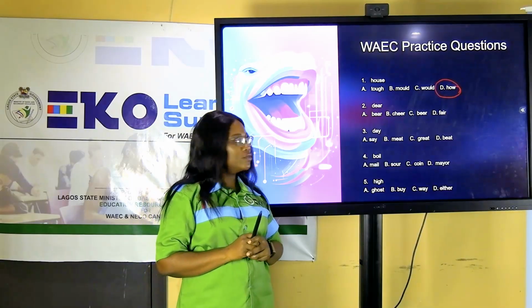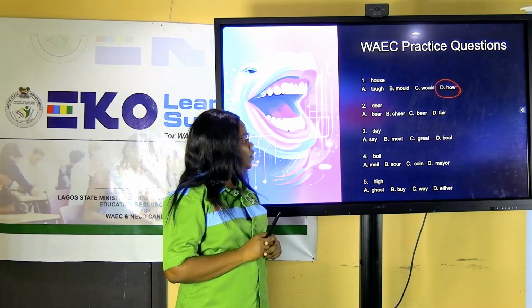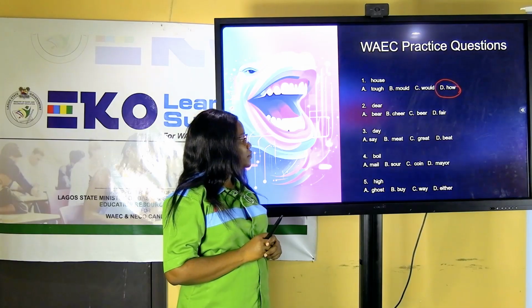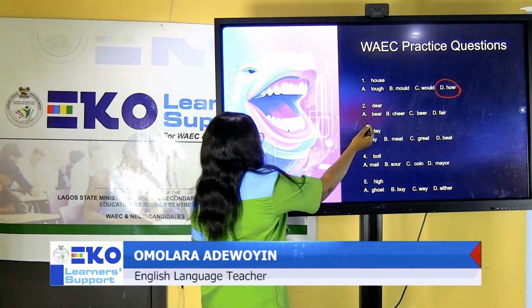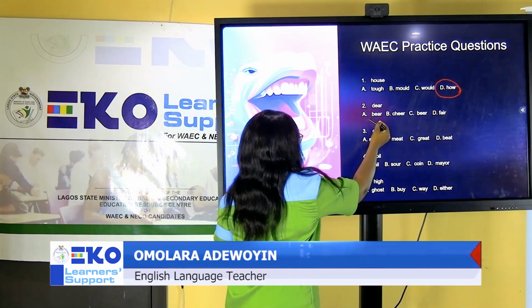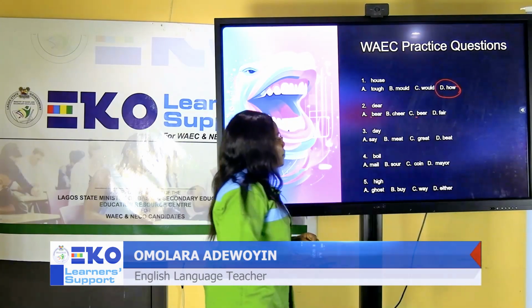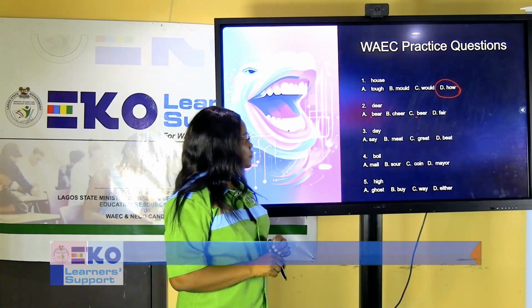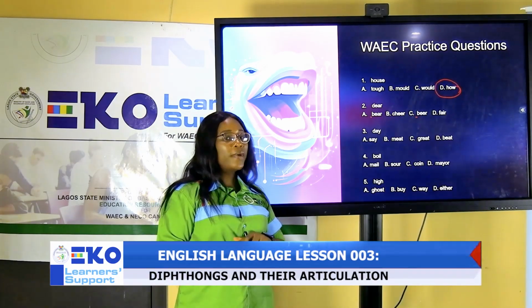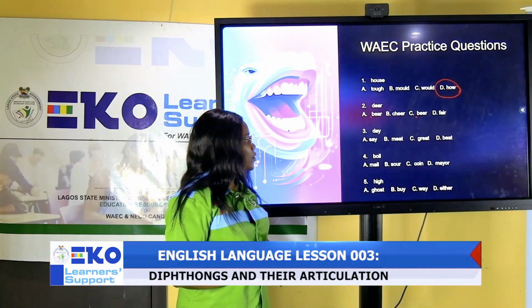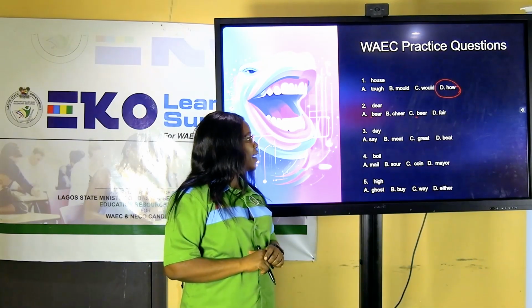Question number 2. Dear. What would our answer be? Remember we looked at a distinction between this and this. Can you remember how they are pronounced? B-E-A-R, bear, beautiful. Chair, bear, and fair.